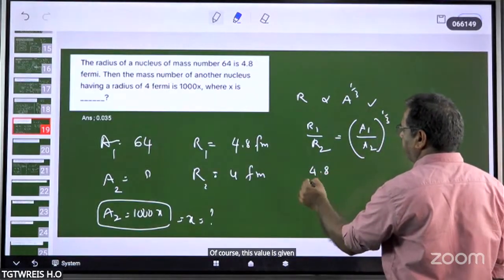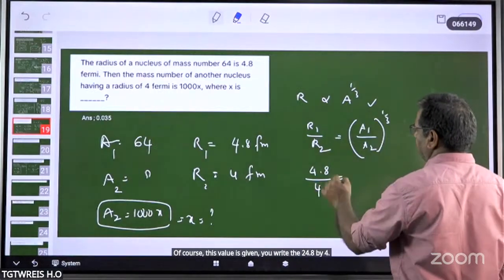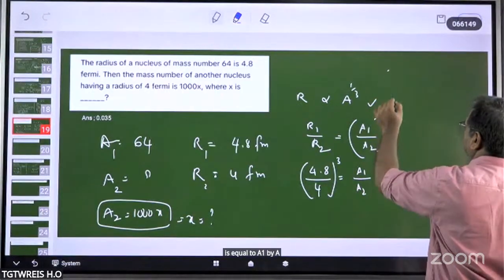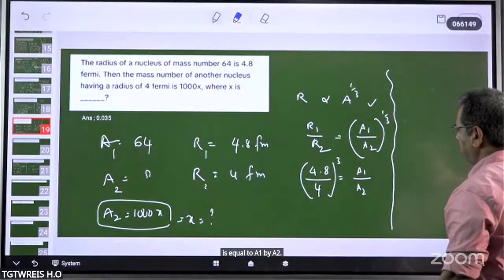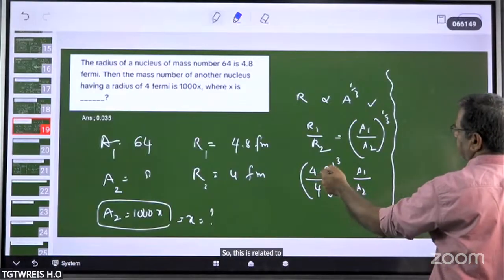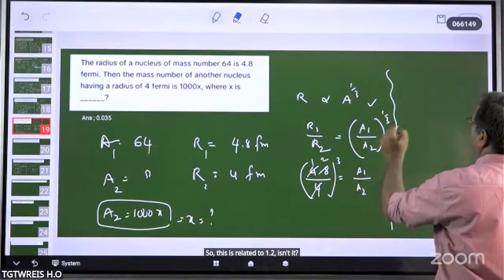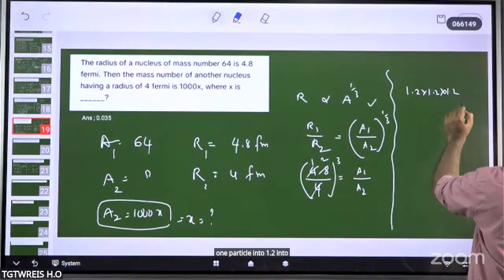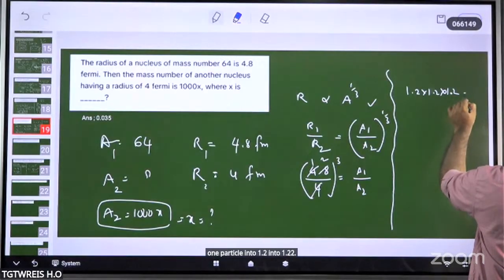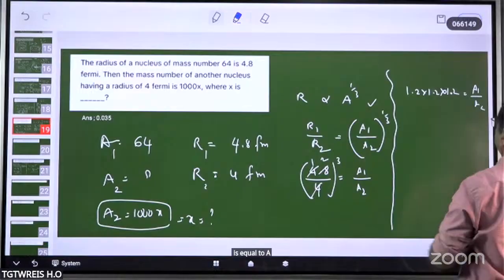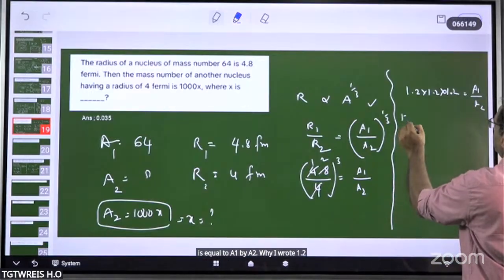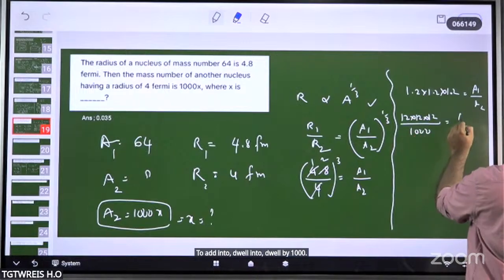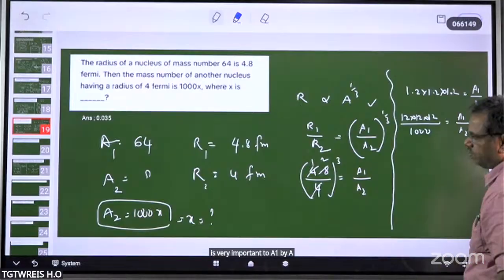You write 4.8 by 4 whole cube is equal to A1 by A2. This ratio is 1.2, isn't it? So 1.2 into 1.2 into 1.2 is equal to A1 by A2. Why I wrote 1.2, just now you come to understand: 12 into 12 into 12 by 1000 is equal to A1 by A2.